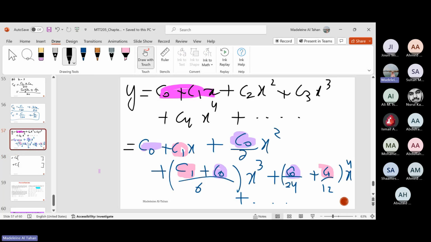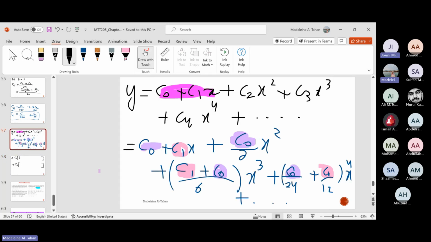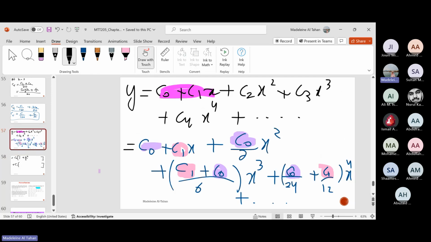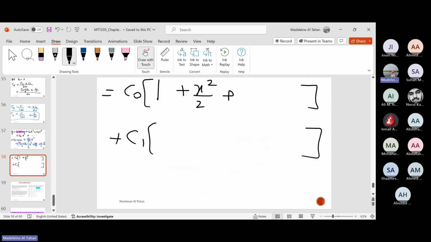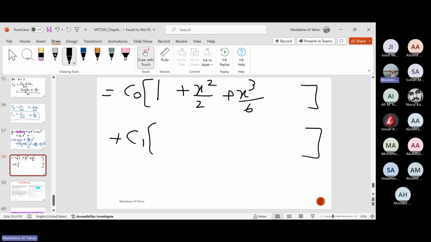For C0, from the first one, what can we get? 1, plus x squared over 2, plus x cubed over 6, and from this one x to the fourth over 24, and we will put pluses.